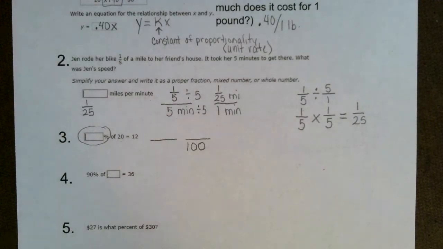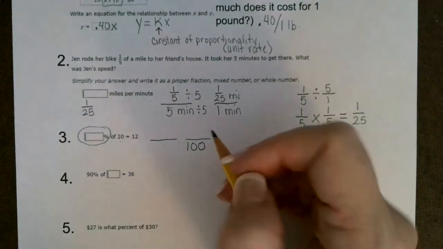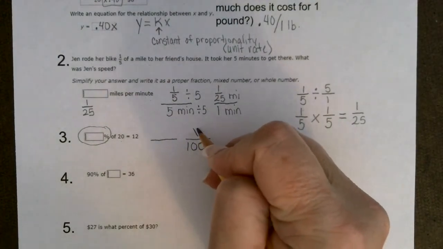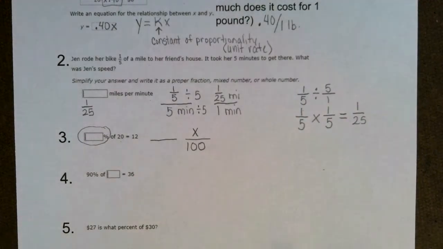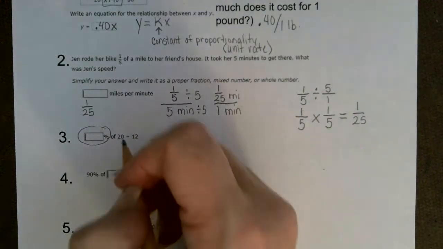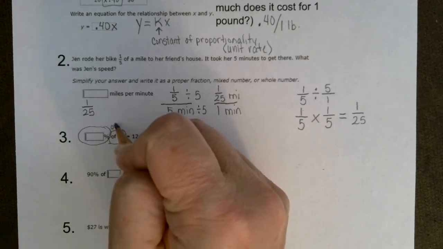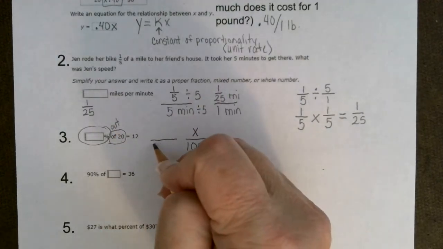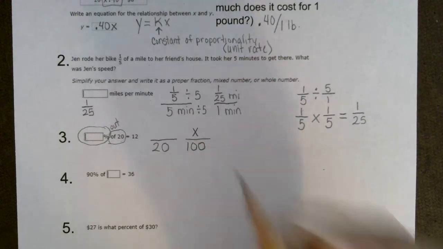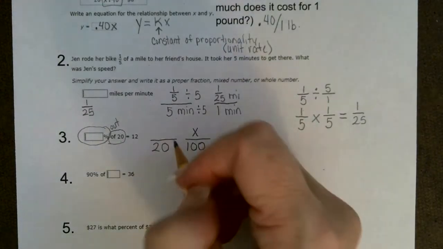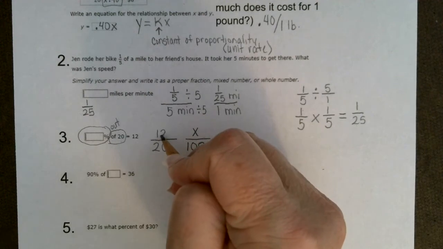And in this case, I don't have a percent. That means that's what I'm looking for. So that's where my X goes. Then I look for the word out of. Out of 20 means 20 is my whole thing. And then that leaves me with my 12. That's my part.